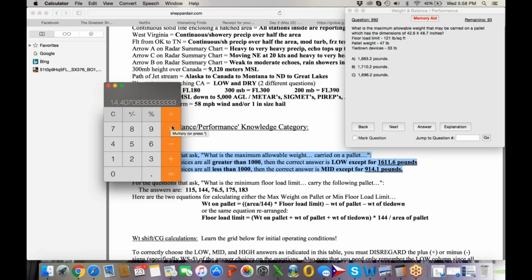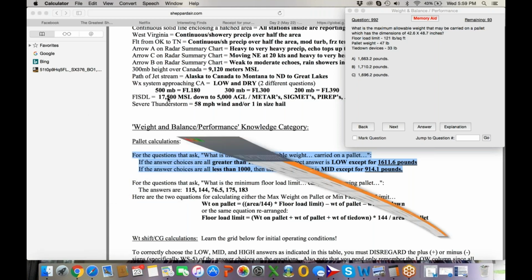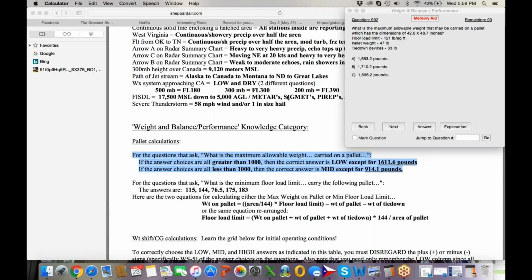Okay, so if we multiply that by 121, and then we subtract the pallet weight, and then subtract the tie-down devices, there you go, 1663.2. Pretty simple, right? To me, it was a lot simpler than trying to memorize this. I agree.